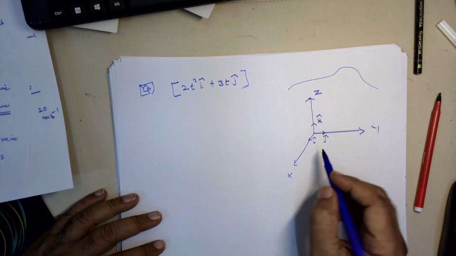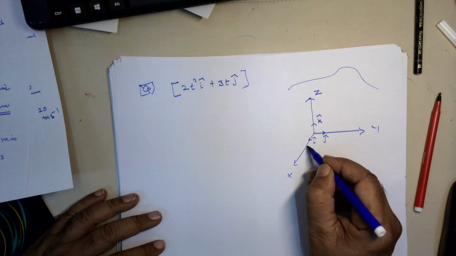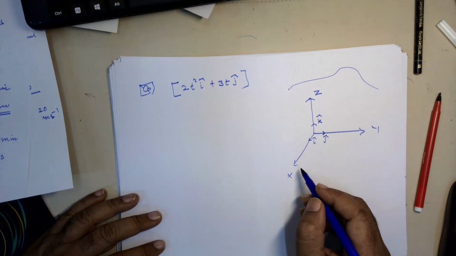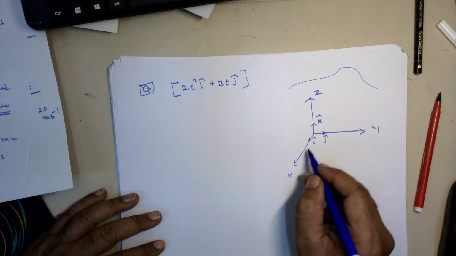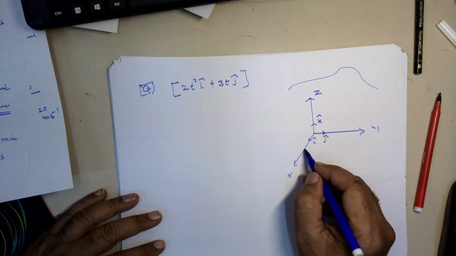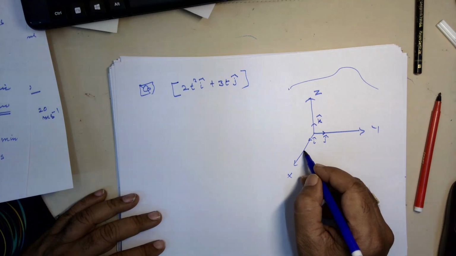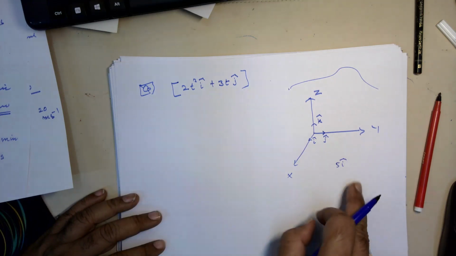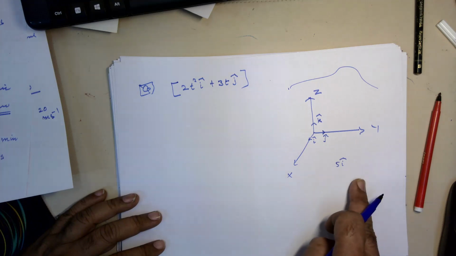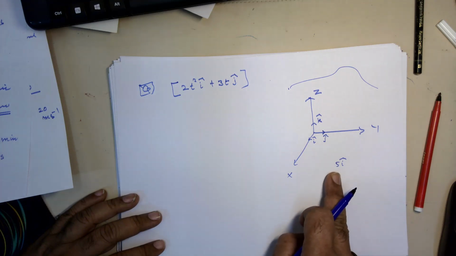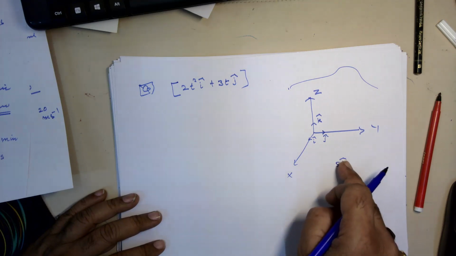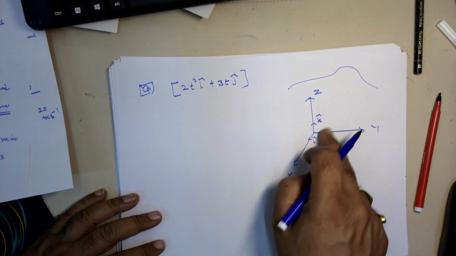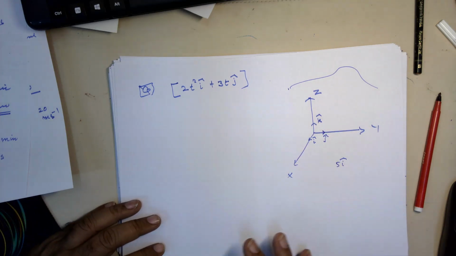For example, a particle is moving in the x direction 5 meter. So you can call it 5i. Do you understand this? When I represent it like this, it indicates that the particle is moving in the x direction because i cap is nothing but the unit vector along the x-axis. Do you understand this, Prisha?